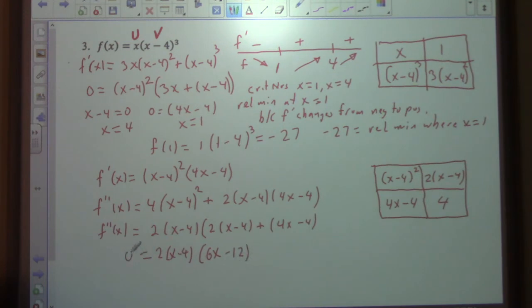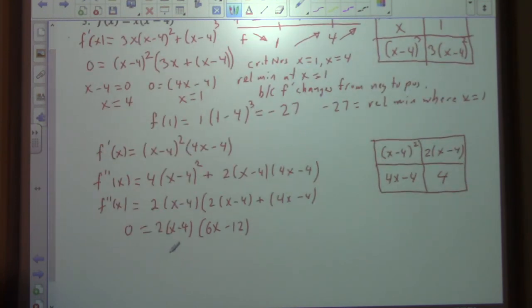And if we set that equal to 0, we get our critical numbers are going to be x equals 4 and x equals, let's see, is it 3? 2. It's 2, right? X equals 2. That's right, isn't it? So now we can go ahead and put our critical numbers here: 2, 4, and f double prime.